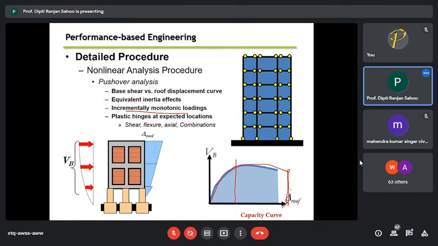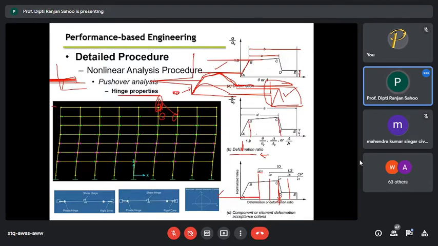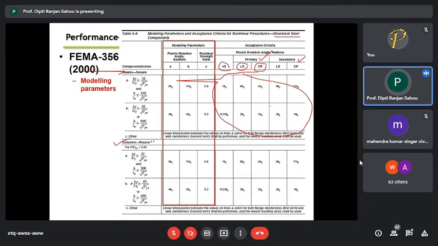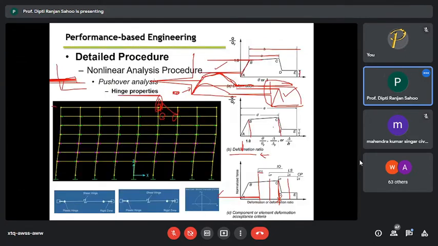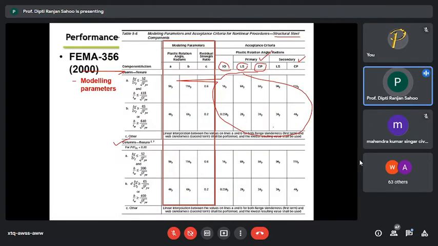That means the structure is not satisfying the acceptance criteria of FEMA. So you have to revise: increase the section, increase the reinforcement. Indirectly, you do iterations to satisfy the performance objectives of IO, LS, and CP.